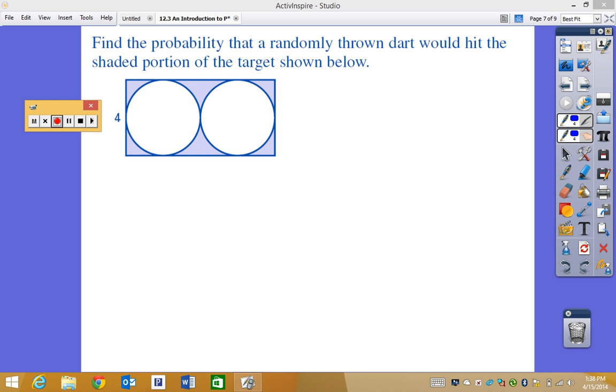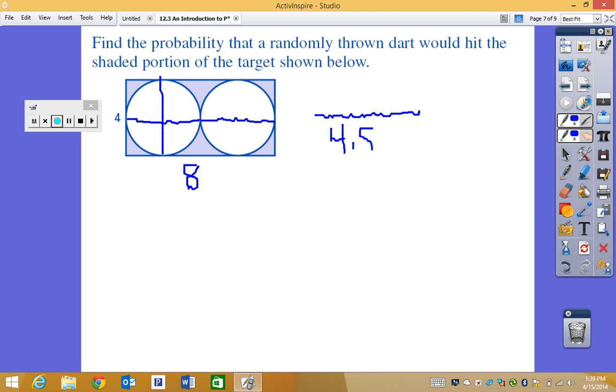And because we have 2 circles right here, we're going to assume that the height is the diameter of the circle. And so that would be 4 units. And so since that's the diameter of the circle, we can then say that this is 8 units long. So the area of our rectangle would be 32 square units.